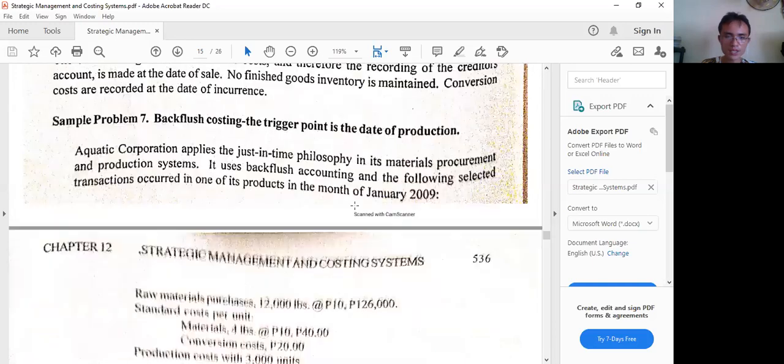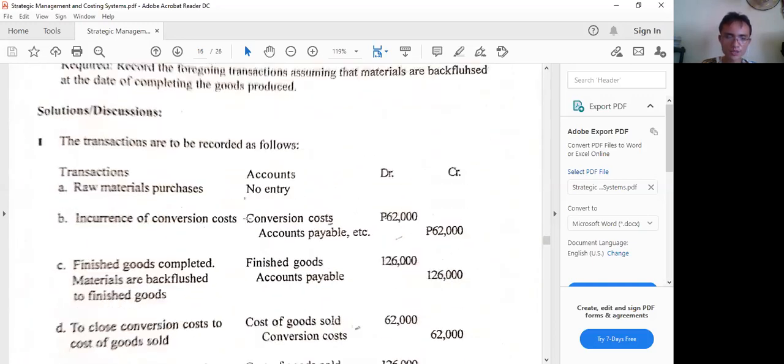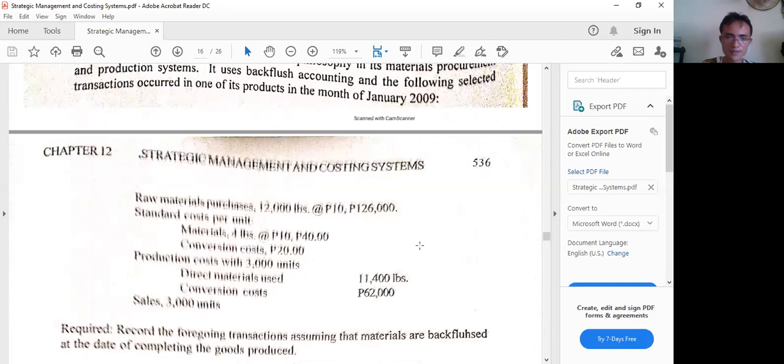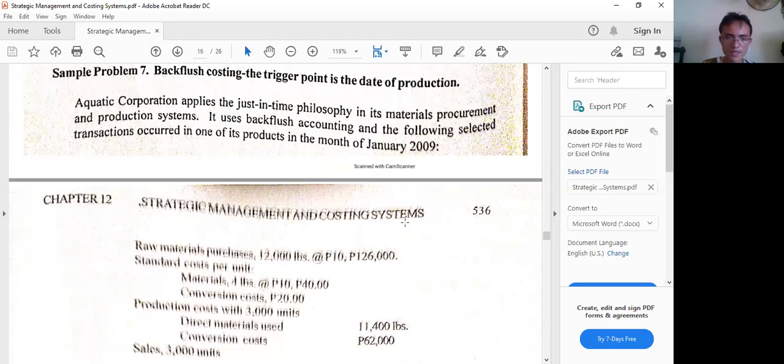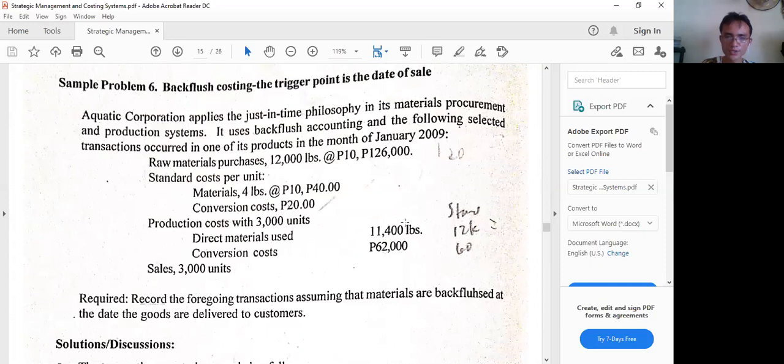Next would be the date of production. So no entry on the purchase; incurrence, yes. When finished goods are completed, we have to recognize the raw materials purchases. Why is that? Because, just like in the previous problem, there was no mention as to whether we have to use the direct materials used.